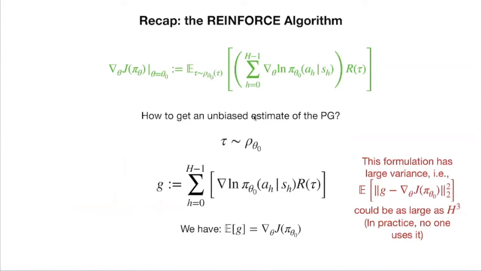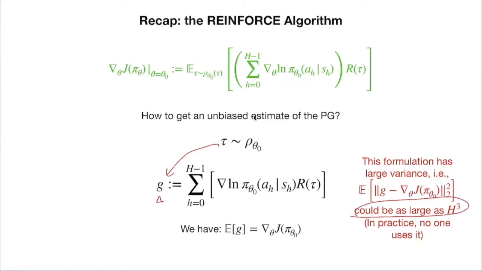Okay, but this approach has an issue. This is one of the reasons that people do not use it directly in practice. The problem is that this formulation will have high variance. This is a random quantity because it depends on a trajectory sampled from this distribution, and we can reason about its variance. I'm not going to go into the details, but the variance could be as large as h to the power 3, h cubed.